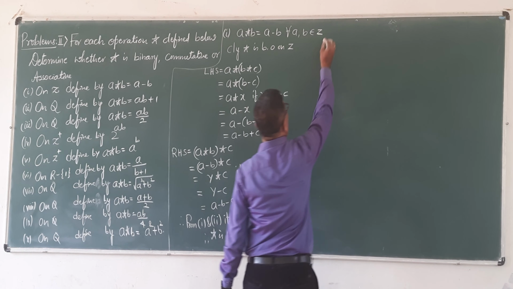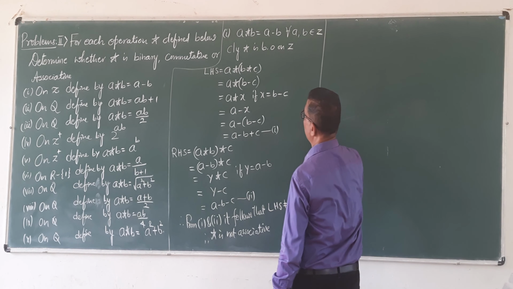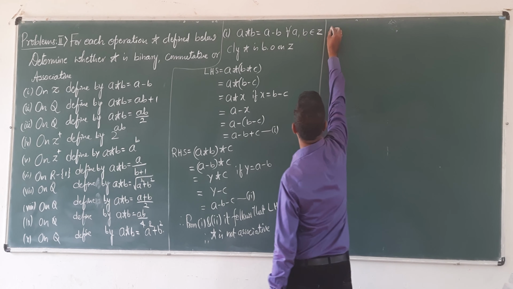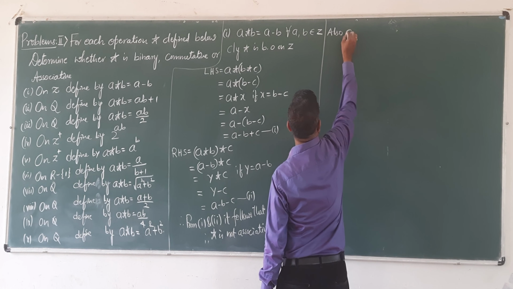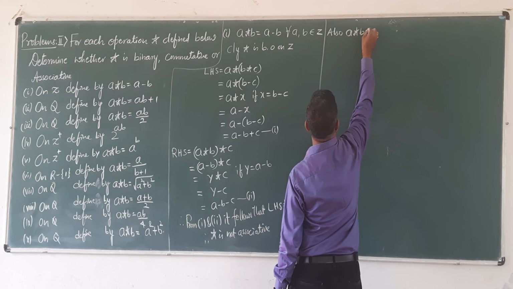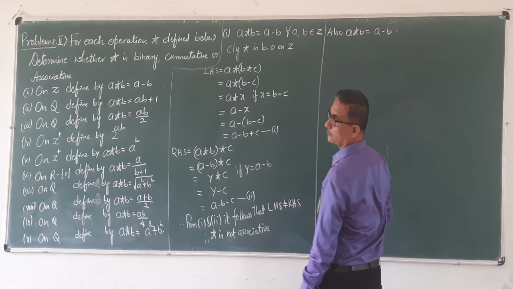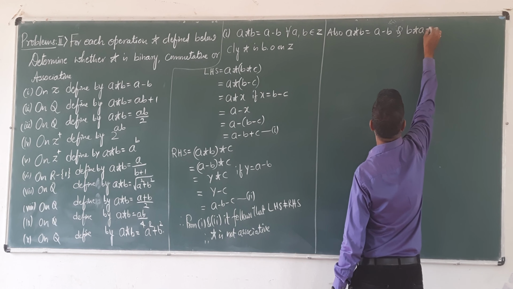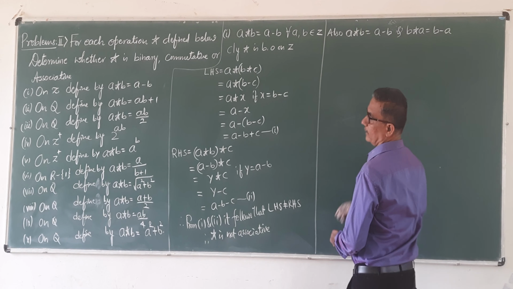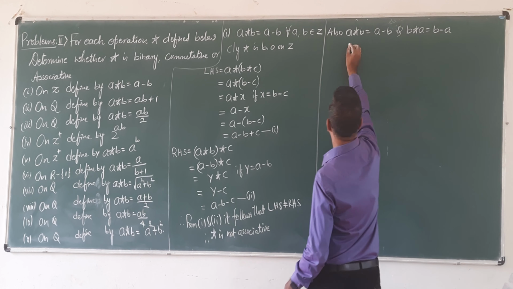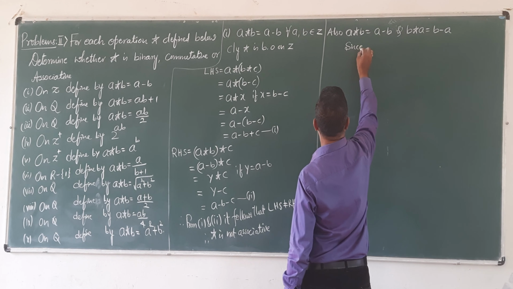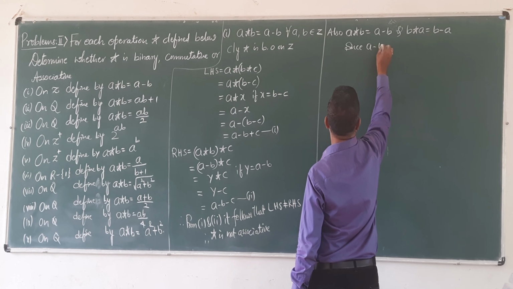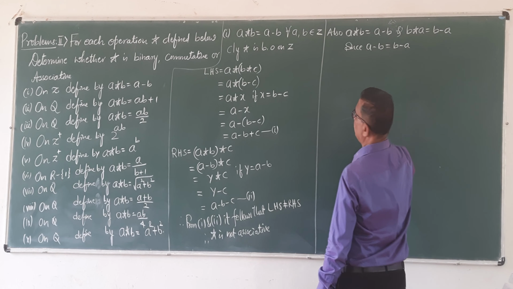Is it commutative? You know the definition of commutative: a star b is equal to b star a. Also, the commutative property. a star b is given as a minus b, and b star a is b minus a. Verify: is a minus b equal to b minus a?